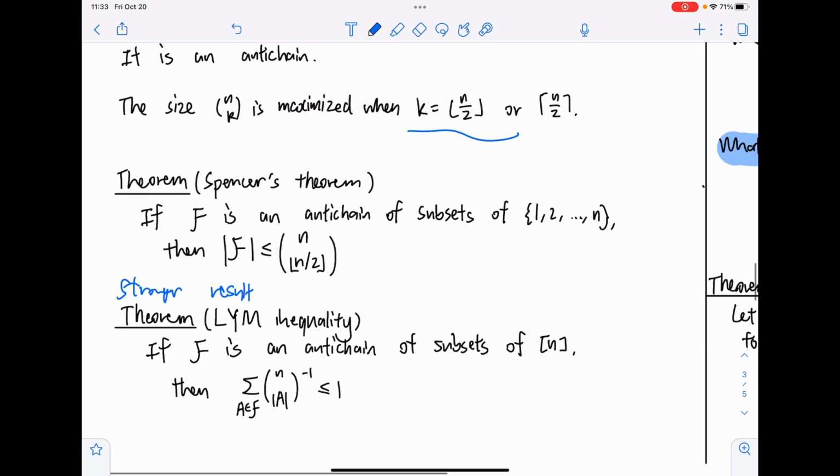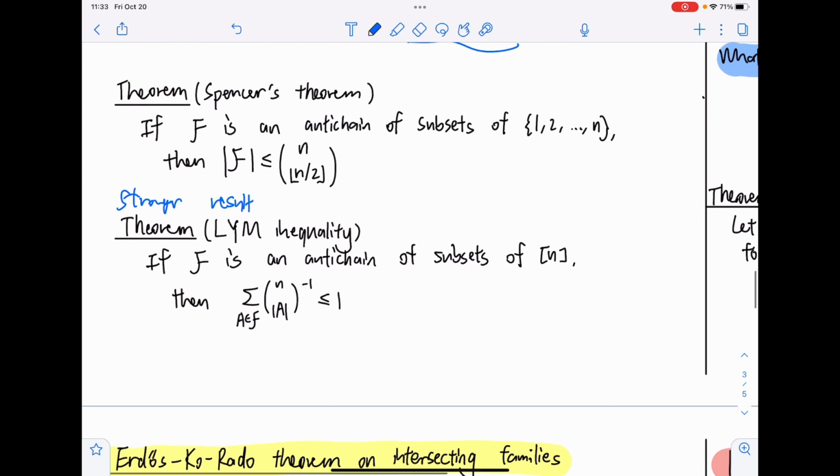And the stronger result, the LYM inequality, says that if F is an anti-chain of subsets of 1 to n, then the sum over all the subsets A in F of 1 over n choose the size of A is less than or equal to 1.